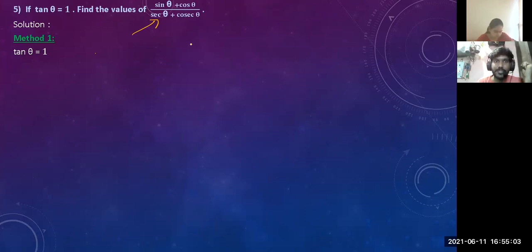There is one identity with tan. Use the third one, tan square theta plus 1 equals sec square theta. If you use that identity, you will get sec theta. From sec theta, can you find cos theta? Yes. So can you do up to here?